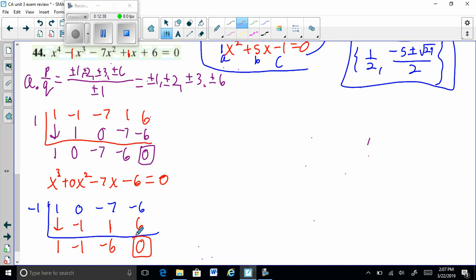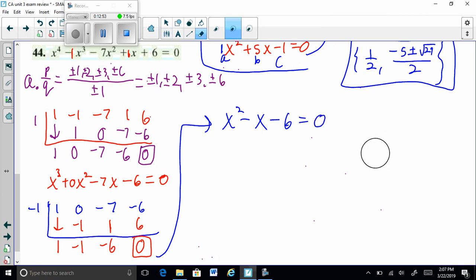That's great. Okay. So let's look at the dividend. The dividend would be x squared minus x minus 6. And we want to figure out what makes that equal 0. Luckily, I believe this is factorable, so we don't have to do the quadratic formula. So we're trying to figure out what multiplies to give us -6 and add up to -1.